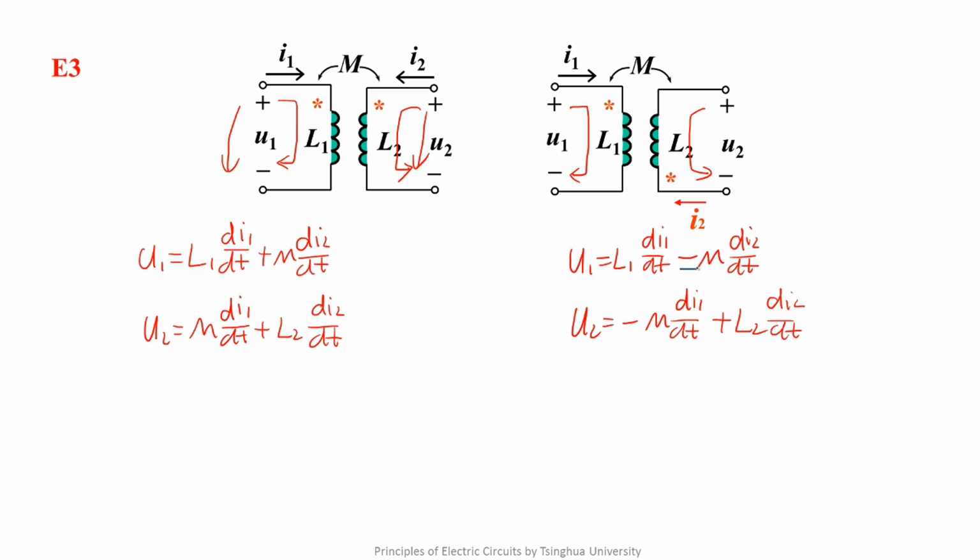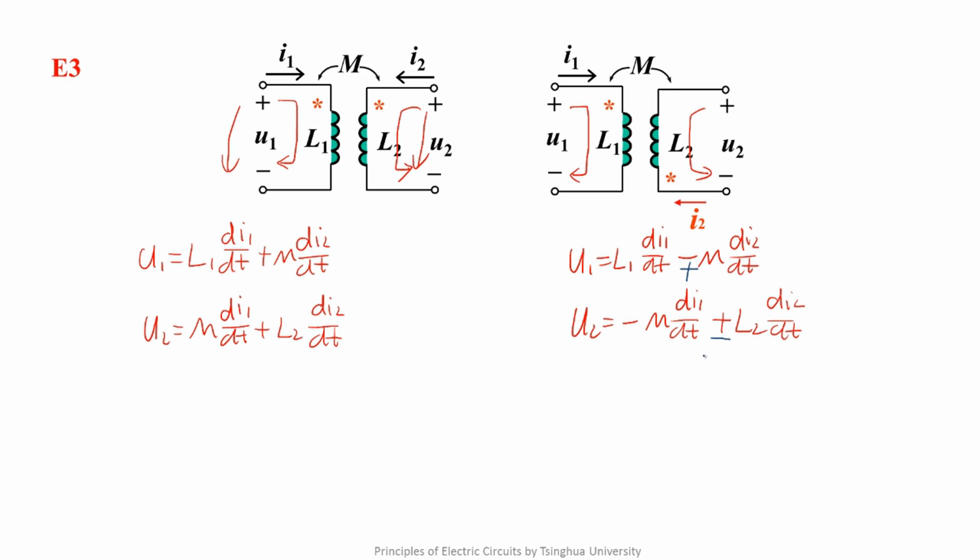That is a positive mutual inductive voltage, like this. For coil 2, we first consider the mutual inductive voltage. The current flows into the dot, and the direction of the voltage is from non-dot to dot, so the mutual inductive voltage is negative. The voltage and the current are non-associated reference directions for coil 2 now, so its self-inductive voltage is negative.